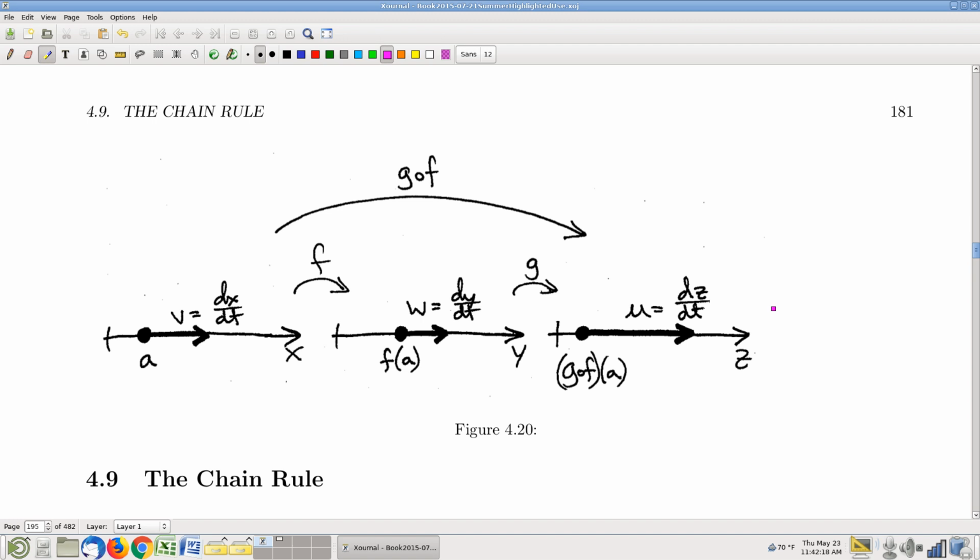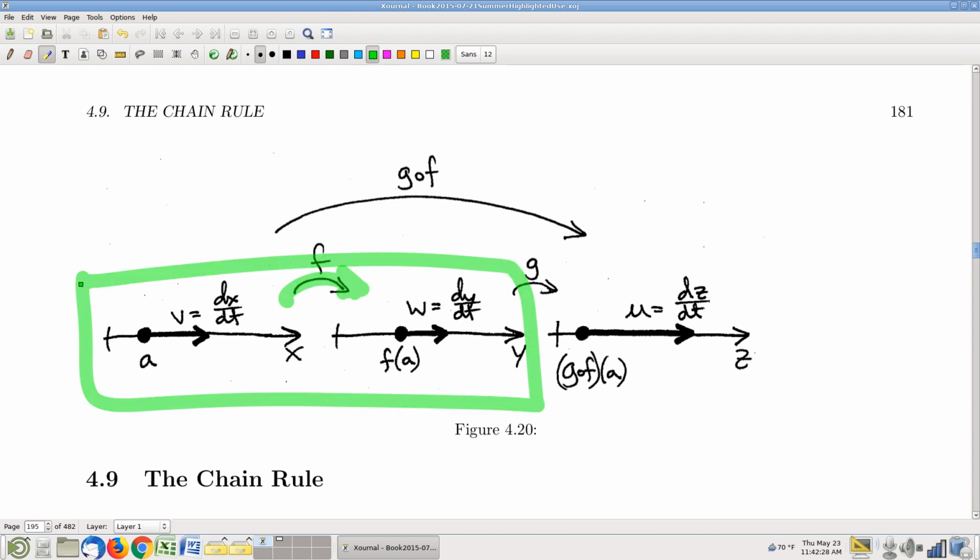Importantly, the chain rule is about the derivative of a composition. Specifically, if you have two functions, let's say f takes inputs and gives outputs, let's call them x and y.